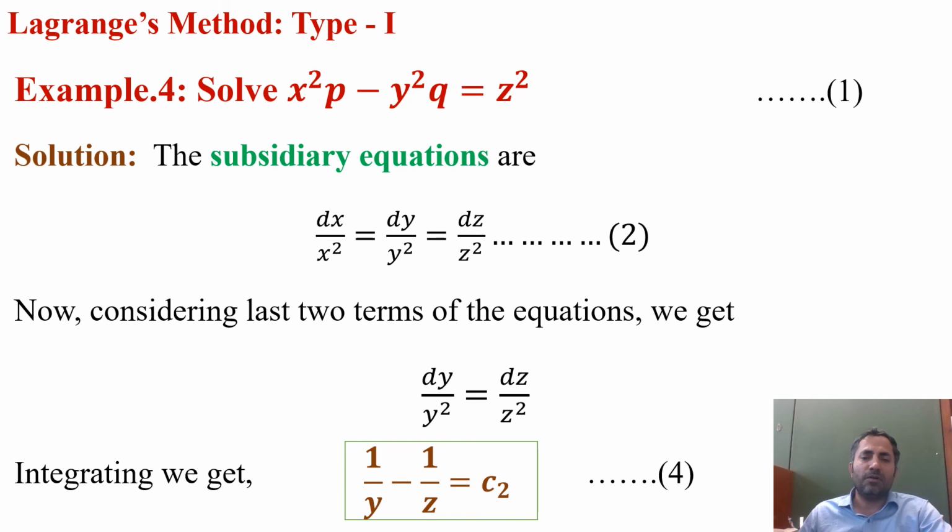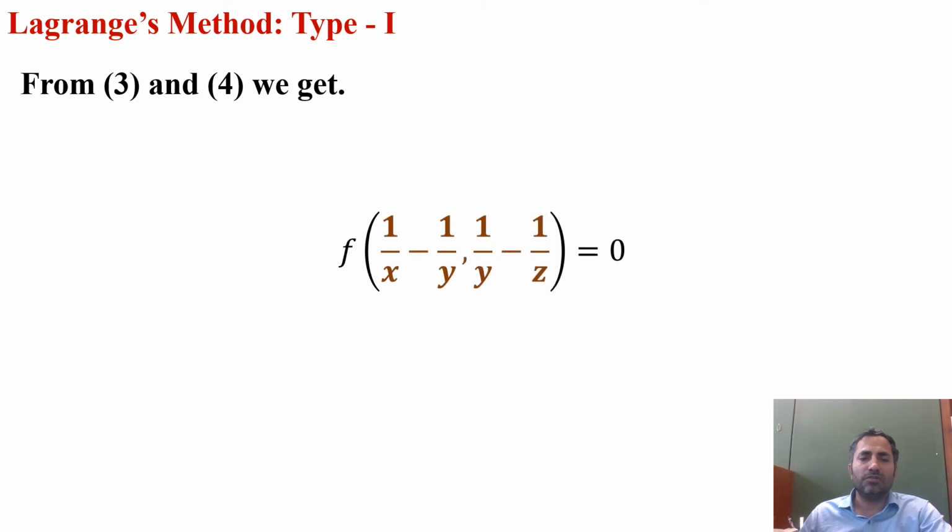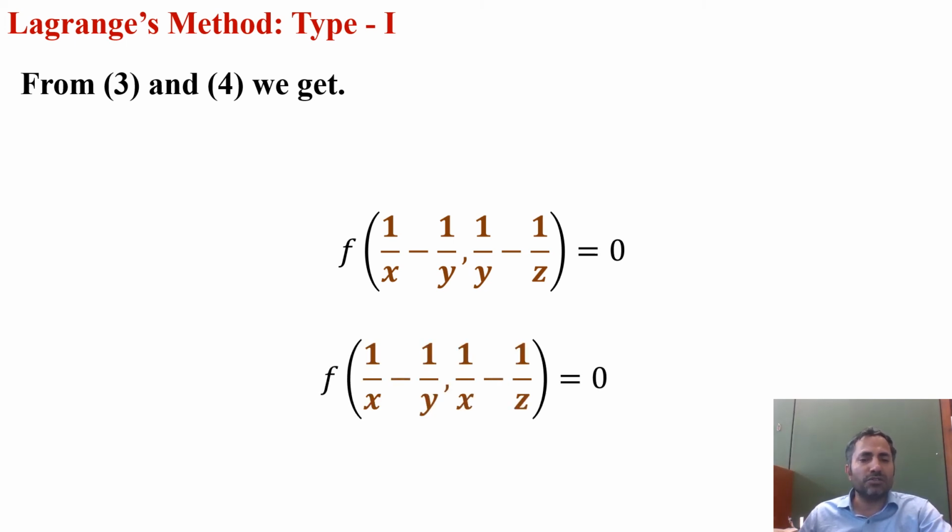So as we obtain these two factors u and v of phi, our final solution is f equals 1 upon x minus 1 upon y, 1 upon y minus 1 upon z. Other than this, you can also write 1 upon x minus 1 upon y, 1 upon x minus 1 upon z.